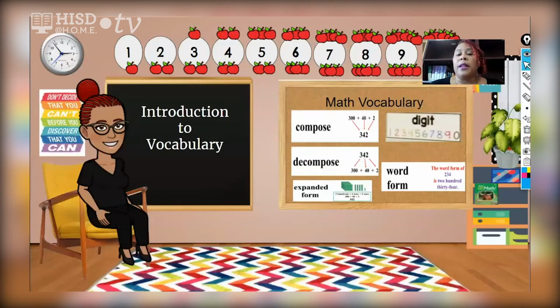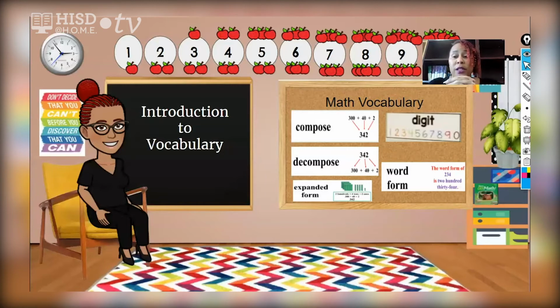For our vocabulary today, boys and girls, you're going to be hearing terms like compose. We have heard the word compose before. We know that when we compose, it means we're putting the number together. What's the word? Compose. What does compose mean? To put the number together.